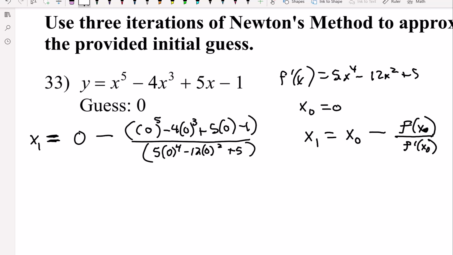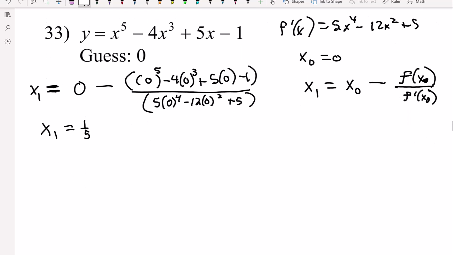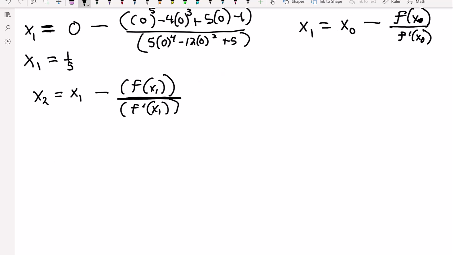Okay, so this is going to be 0, subtract negative 1/5, which is 1/5. So x sub 1 is 1/5.